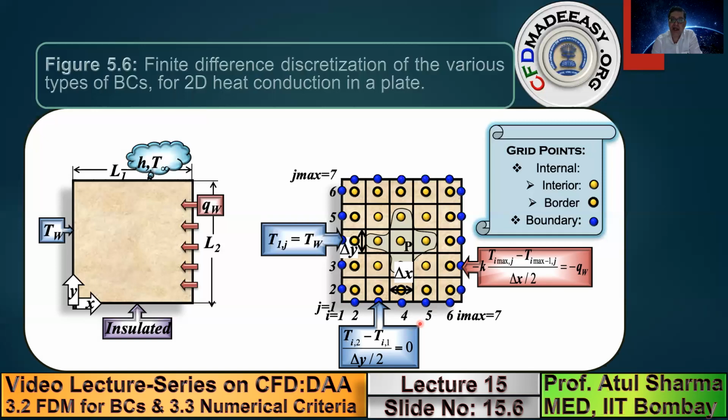If you calculate normal gradient of temperature at blue circles, for all these blue circles, you can observe that the yellow circle is only on one side, not on the other side. Like on the left wall, the neighboring yellow circle is on the right side. For the right wall blue circle, the yellow circle is on the left side. Similarly, for the bottom wall, the internal grid points are above, and for the top ones, the internal grid points are below.